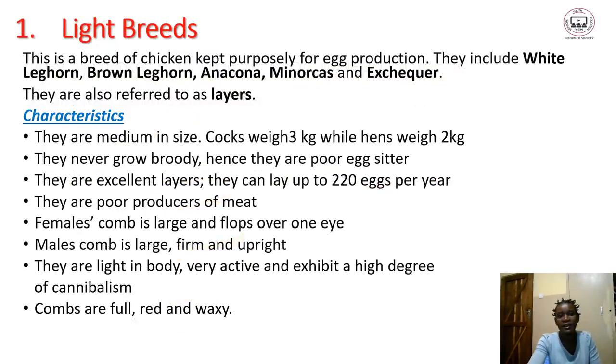Let's start describing the first category of exotic breed, that's light breeds. This is a breed of chicken kept purposely for egg production. Sometimes they are referred to as layers.